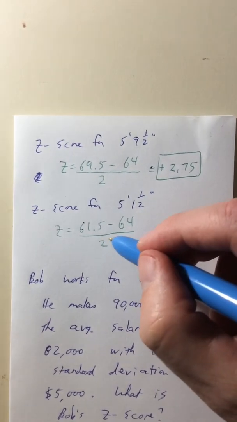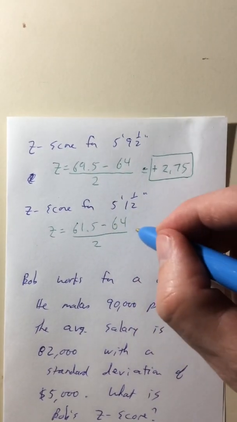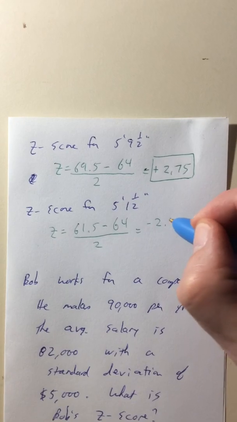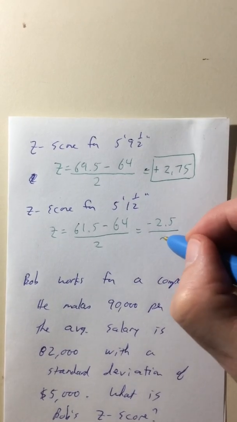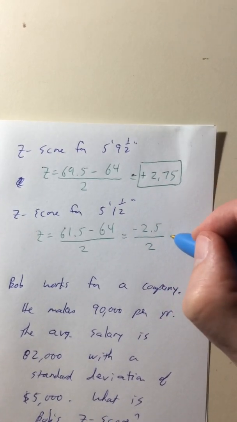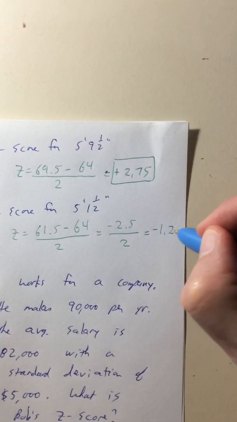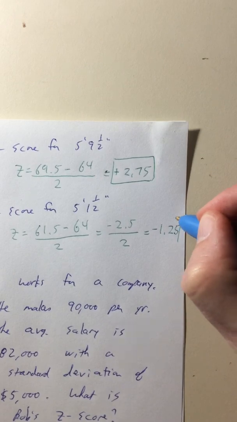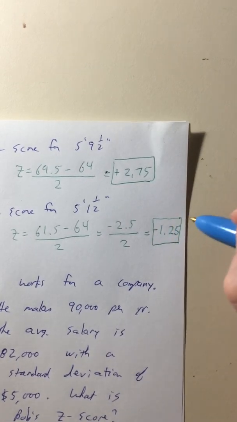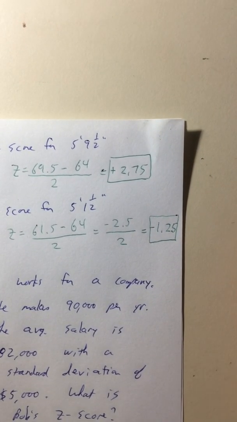So this is going to be negative 2.5. So now we can see a z-score that's negative. Divided by 2 is negative 1.25. So that's our z-score, negative 1.25.